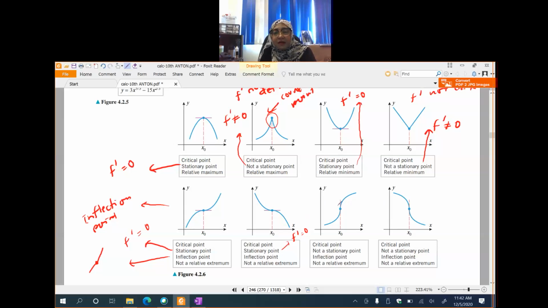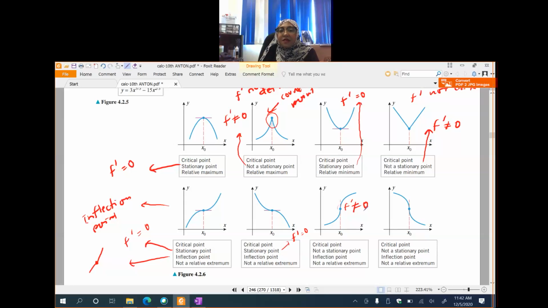And then for this one, it's an inflection point, but a different kind of inflection point. For this one, this is a stationary point because f prime is equal to 0. But for this point here, f prime is not equal to 0, so that's why it's not a stationary point.